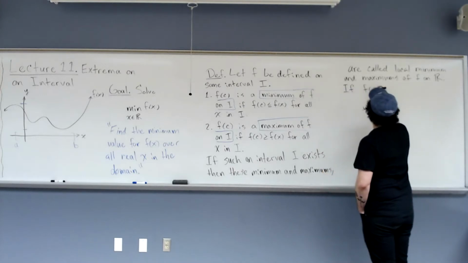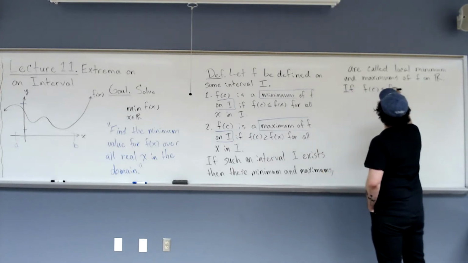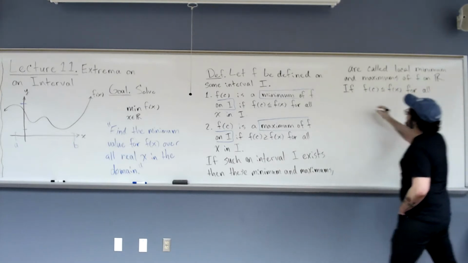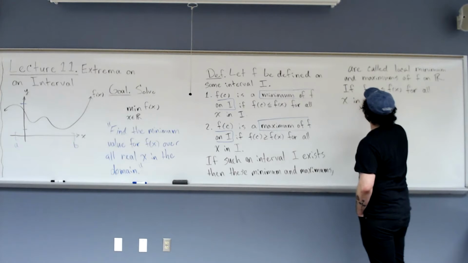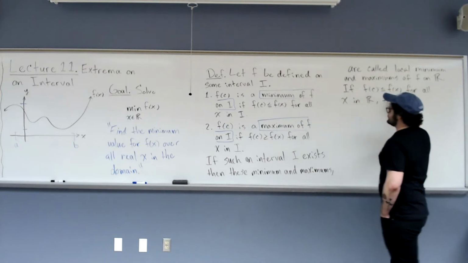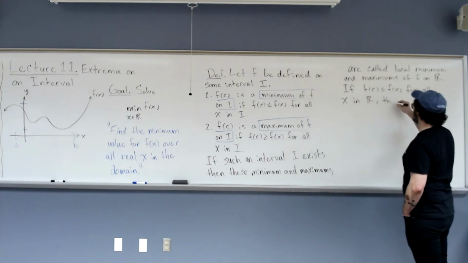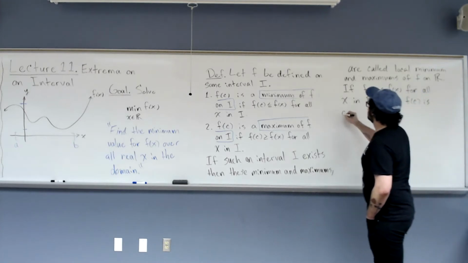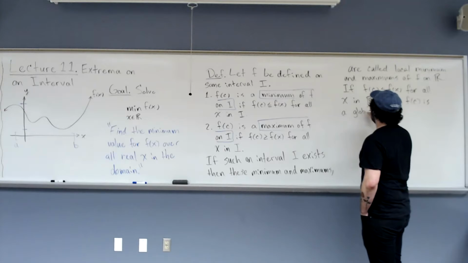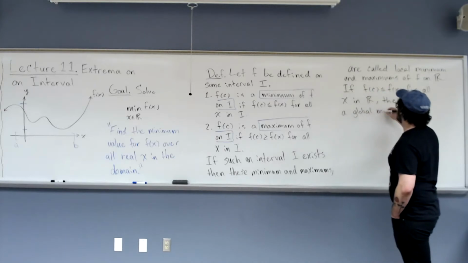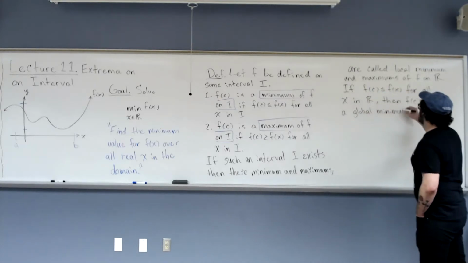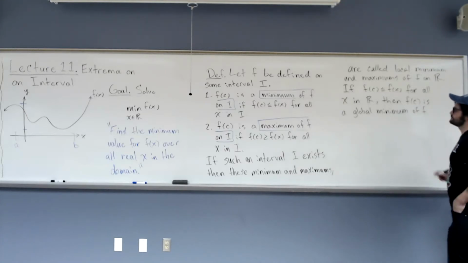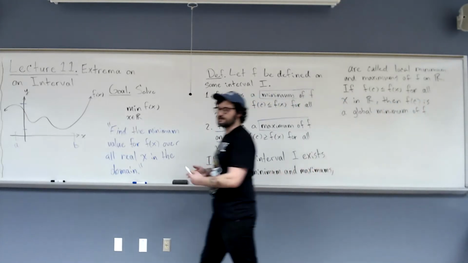If f of c is less than or equal to f of x for all x in R, then f of c is a global minimum of f, which does occur, right?